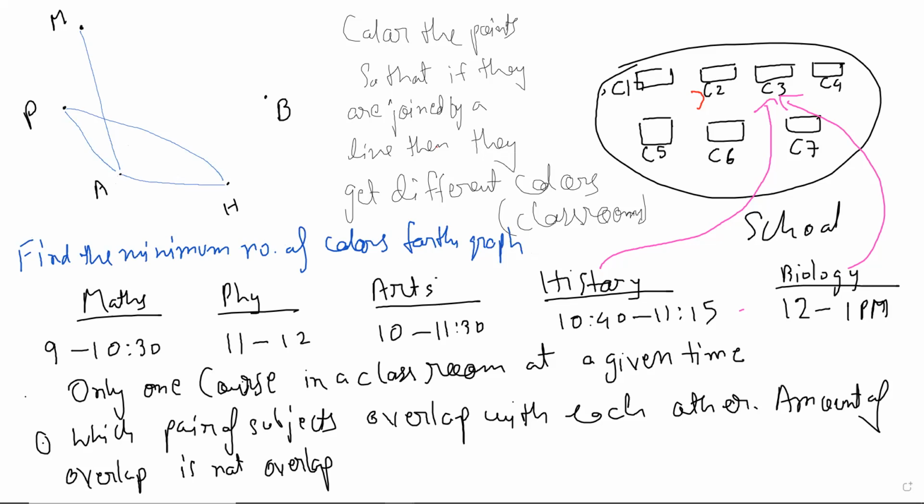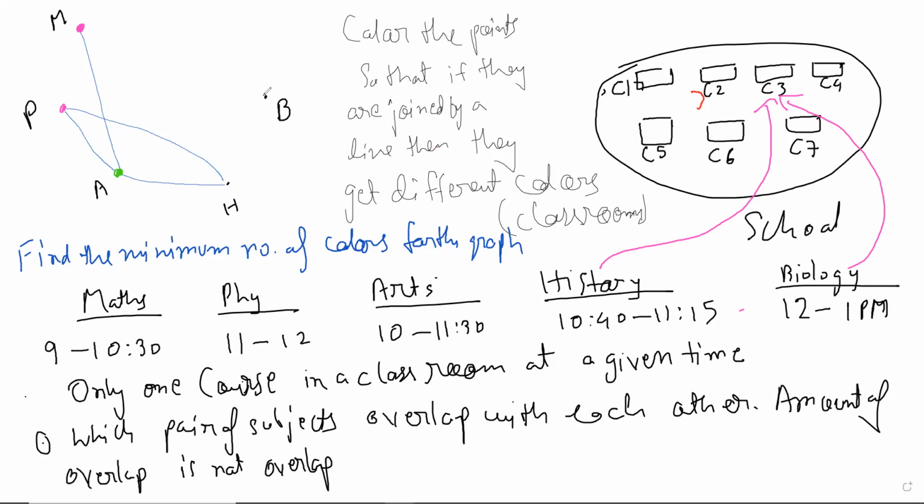For example, if I color maths with pink, then the arts will need a different color. Now it's very obvious now that we have understood the correspondence. And of course I can color physics also with pink, right? Because they don't have an edge. When they don't have an edge, you can color it with the same color.